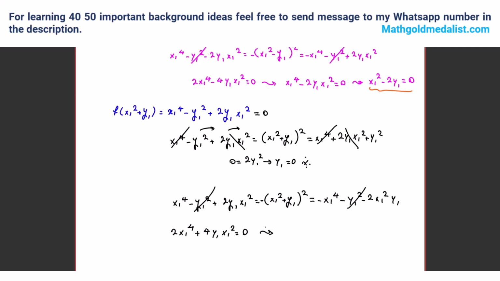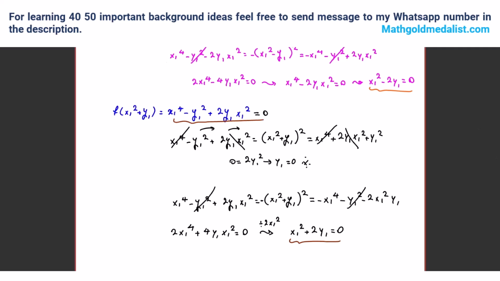We can divide both sides by 2x1 squared. So it will be x1 squared plus 2y1 is equal to 0. Okay? So now again we have two results. This one or this one.